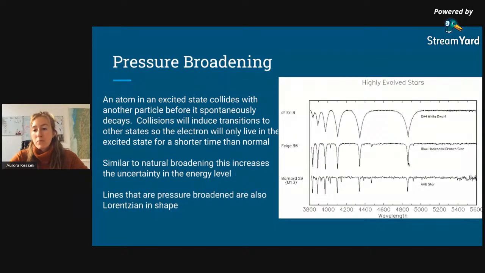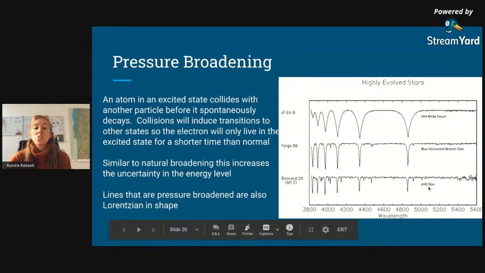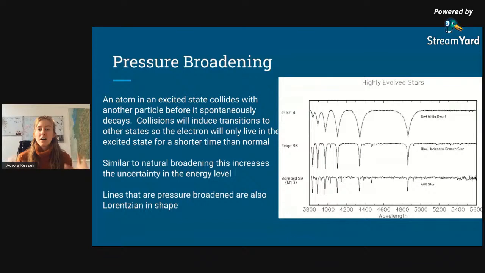And then further down, we have a horizontal branch star, which is a bit less dense than a white dwarf, but it's not as diffuse as what we have below. This is a giant star. And so giant stars are puffy, and so you can see that we get even less broadening, and so we get the smallest lines here for the giant star.